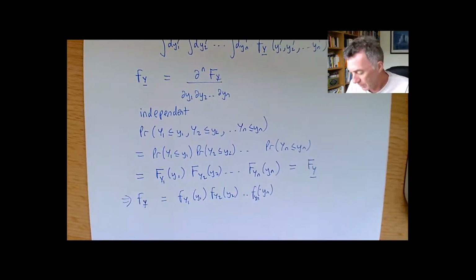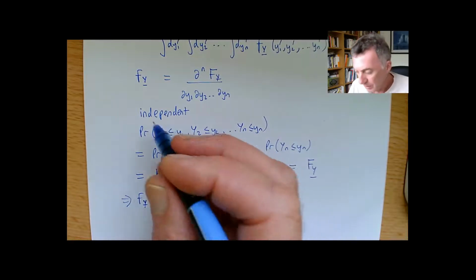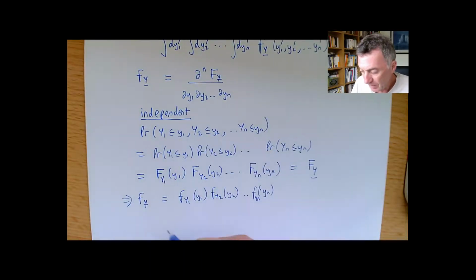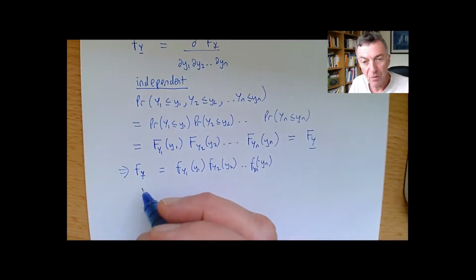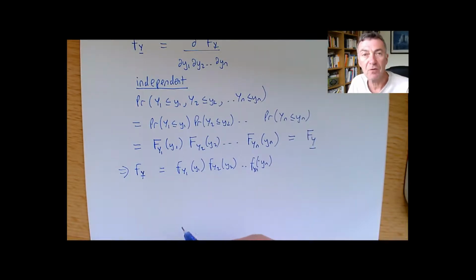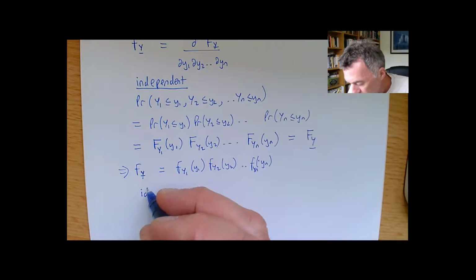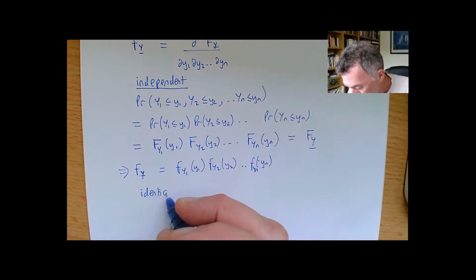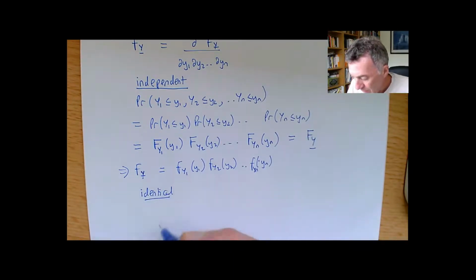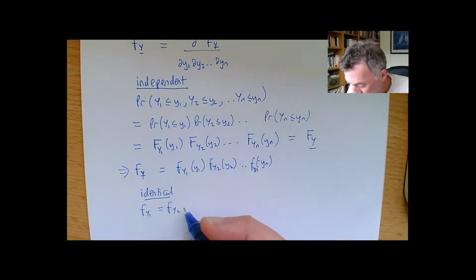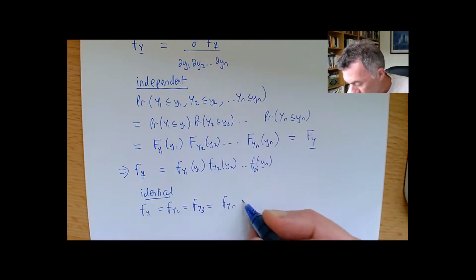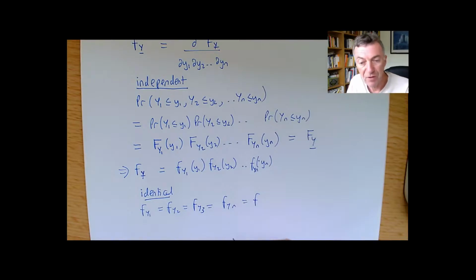So that's quite nice. The other assumption that we make, that was one assumption, independent. The other simplifying assumption that people often make, and this is what happened last year in your stats course, was that the distributions are identical. So what do we mean by that? We mean that basically f of y1 is f of y2, is f of y3, is f of yn, and they're all the same distribution, f.